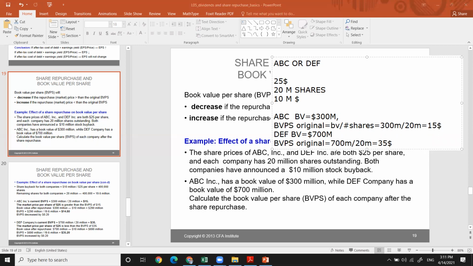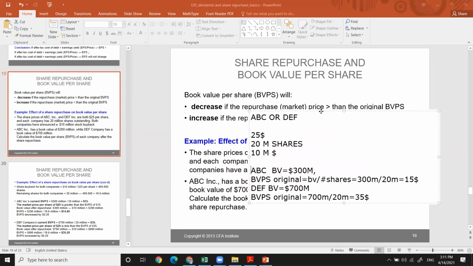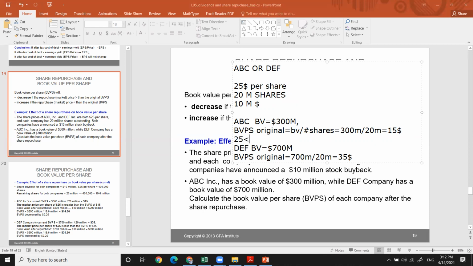And in this case, we need to estimate the book value per share after the repurchase, following the same logic. We know that if the market price is greater than the original book value per share, the book value per share will decrease. So let's compare. $25 per share: for ABC, the repurchase market price is greater, by $10, than $15. So 25 is more than 15.